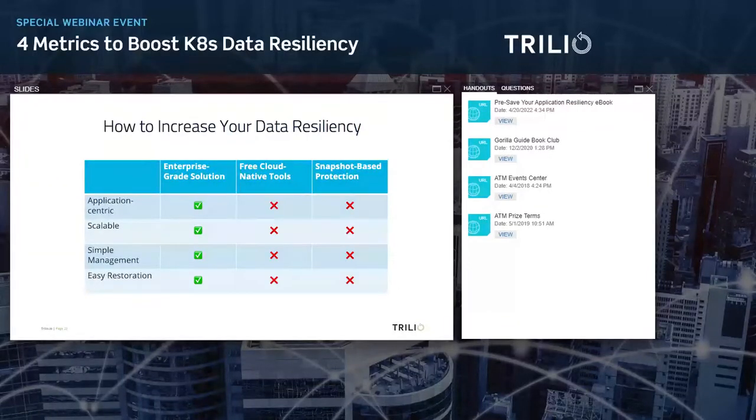The application-centric piece, actually, we didn't quite get to today. The application-centric piece is referring to cloud-native solutions only backing up applications and their data and metadata. This really gets into that granular piece that I talked about. When you have some other solutions out there, especially traditional, they'll back up an entire VM. And in these instances, that's not necessary.